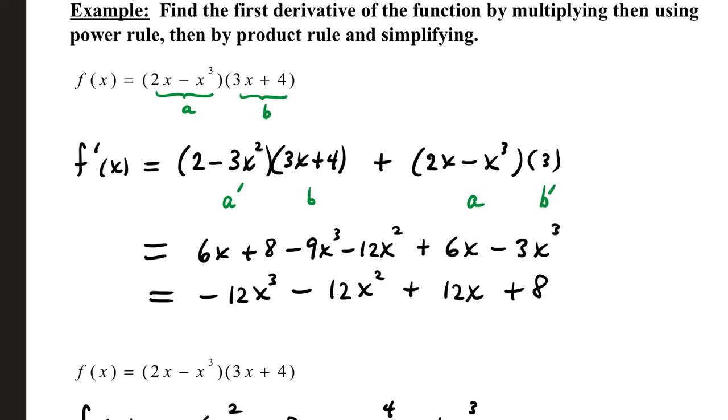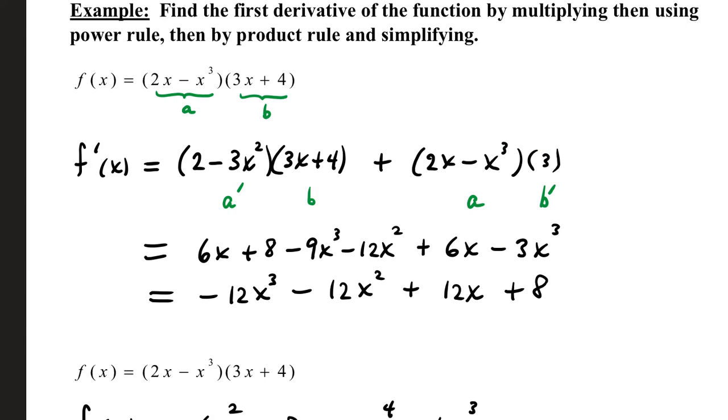Now when we FOIL, we have 6x plus 8 minus 9x cubed minus 12x squared. So those are these first four terms. Plus, the second group, we only distribute the 3, so that's going to be 6x minus 3x cubed.